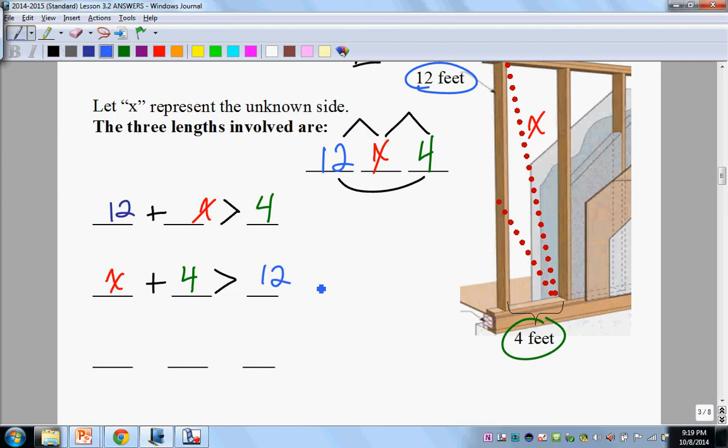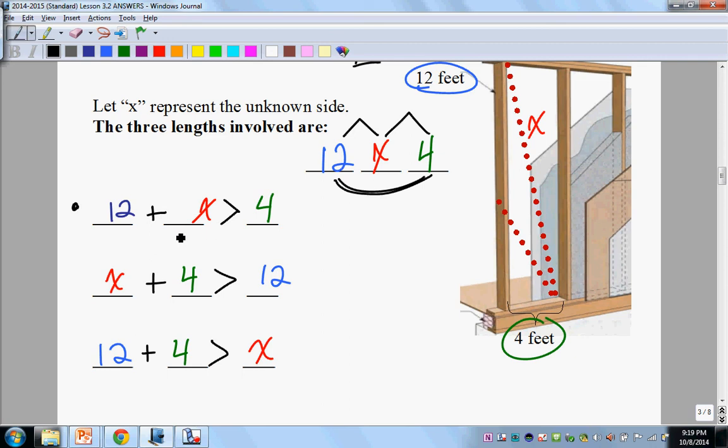That's the second eyebrow. And the smiley is going to be 12 plus 4 has to be greater than X. We're going to solve for X in all 3 cases.